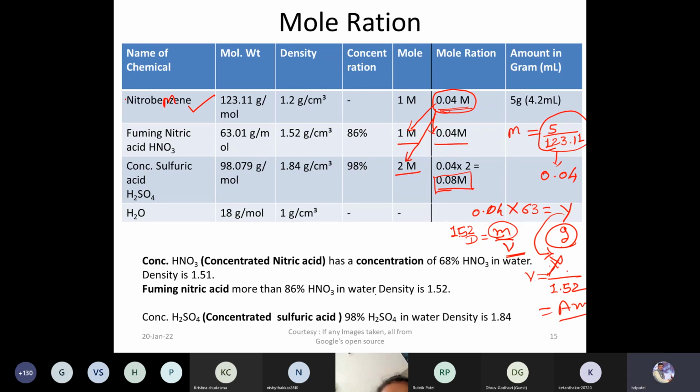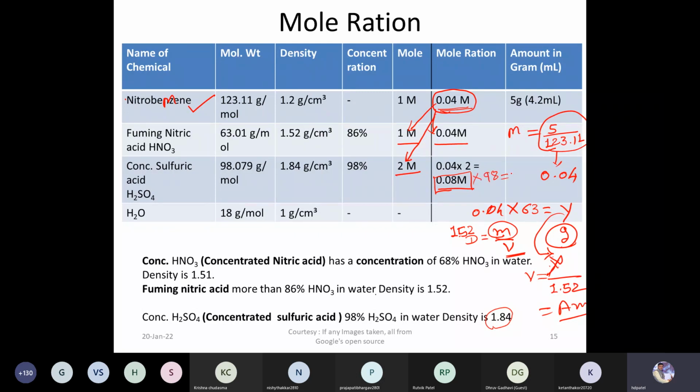Same way for sulfuric acid. Based on the concentration, sulfuric acid has different densities. But normally, if you have AR grade, that is 98% pure sulfuric acid, then its density is 1.84. So what you have to do is 0.08 into 98.